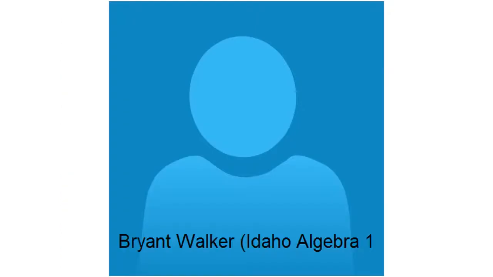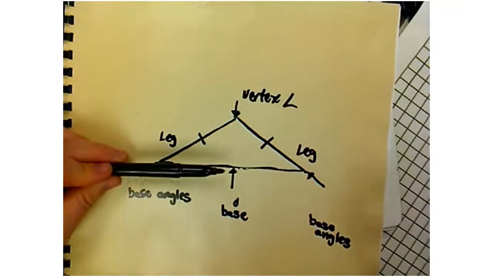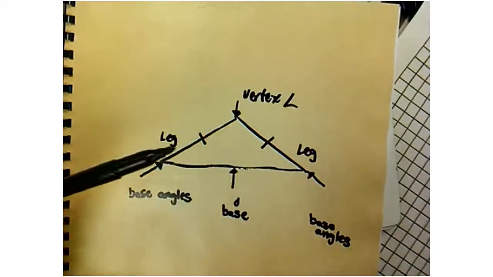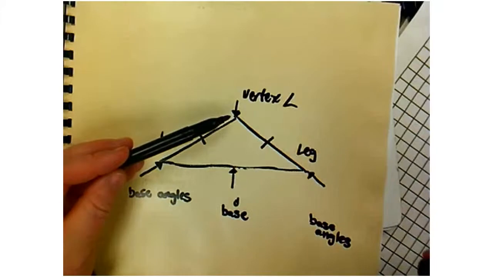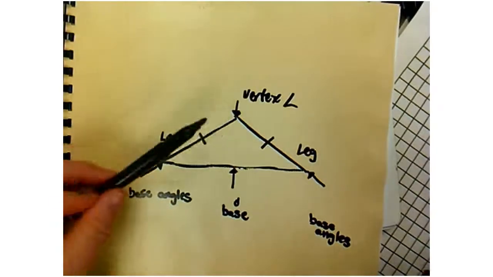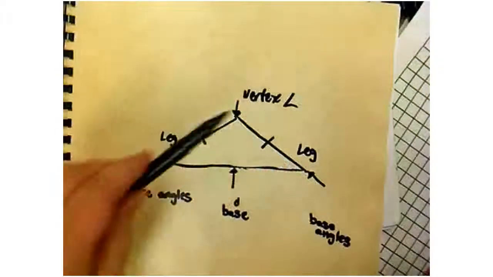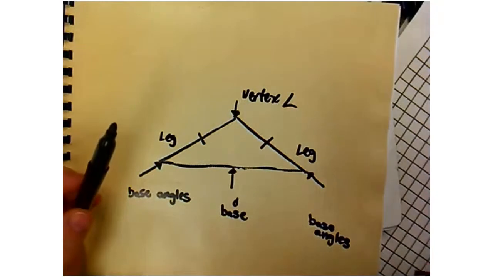Even if it's not sitting in a position that feels as if it should be its base, this drawing could be skewed one way or the other. The base is always the side opposite the vertex angle. The vertex angle is always the angle made up of the 2 congruent sides. This has 2 legs because it's an isosceles.